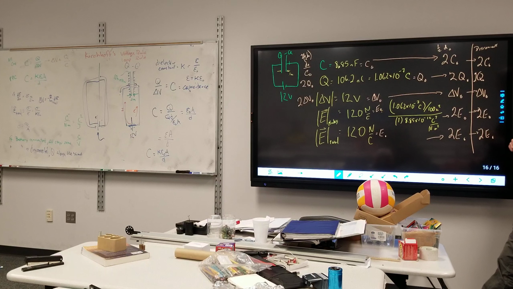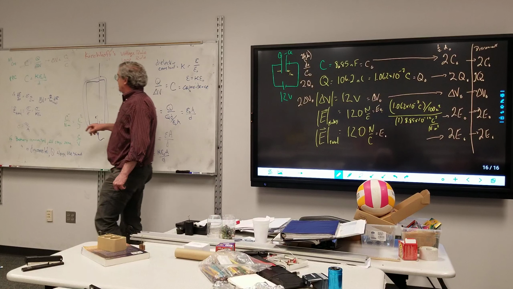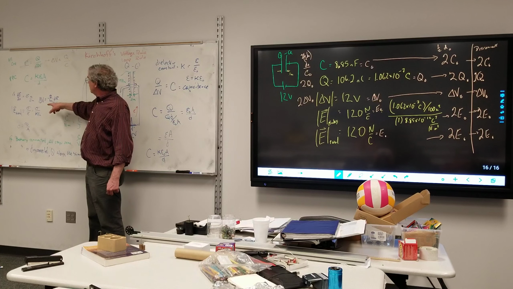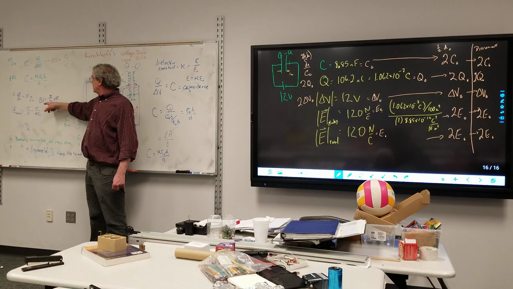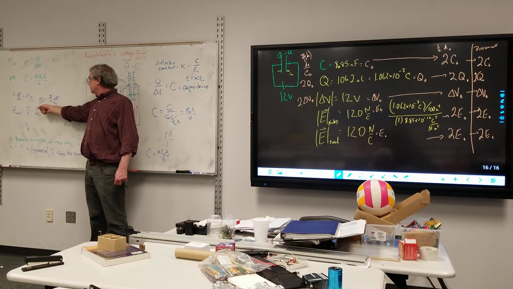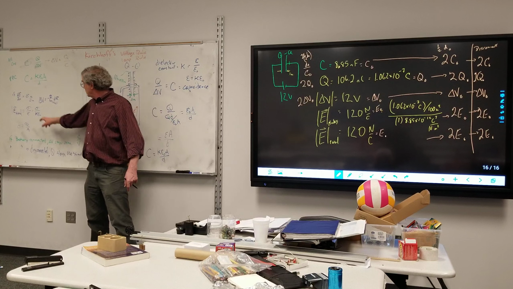Why? 2 times 1/2 is 1. The electric field, all right, so totally electric field is this right here. My voltage is twice what it was, so I've doubled that.